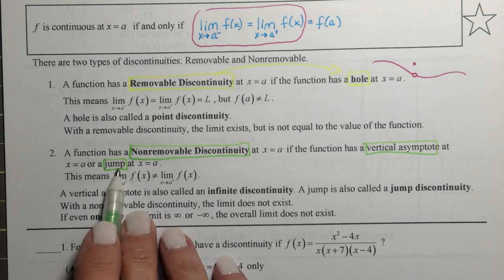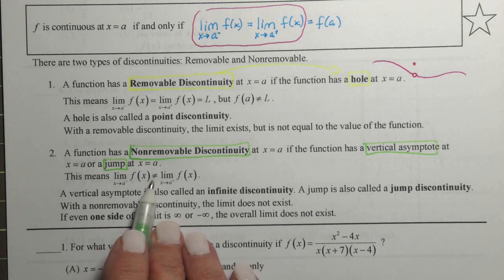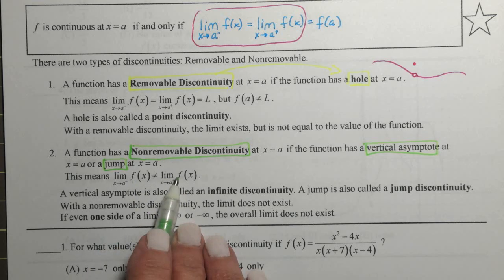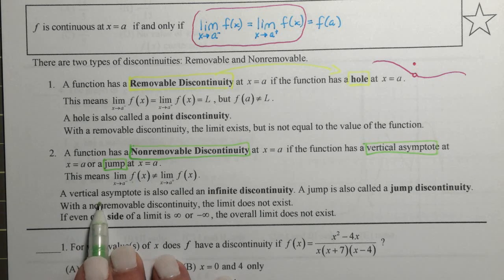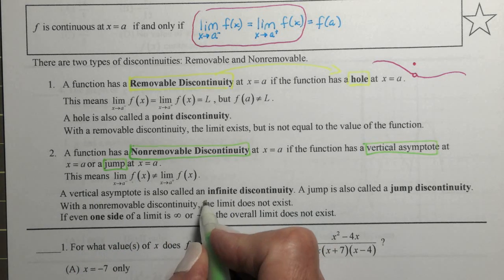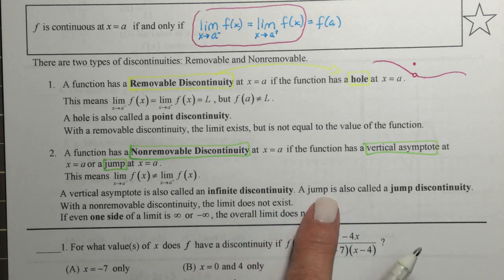Either they have a jump, or at least one of them is infinity or negative infinity. A vertical asymptote is also called an infinite discontinuity, and a jump is also called a jump discontinuity.